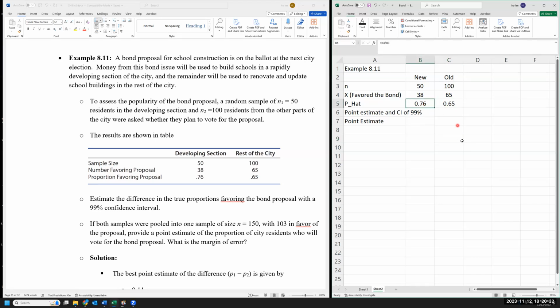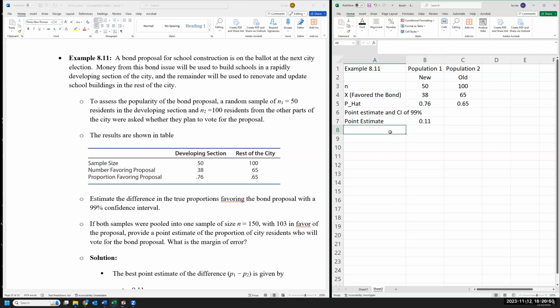We want new to be population 1 and old to be population 2. Again, that's for presentation purposes, we want this difference to be positive and not negative. It's only for presentation purposes, nothing more than that. Okay, margin of error.